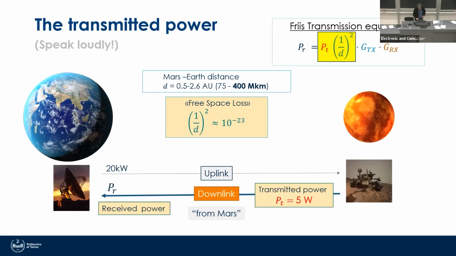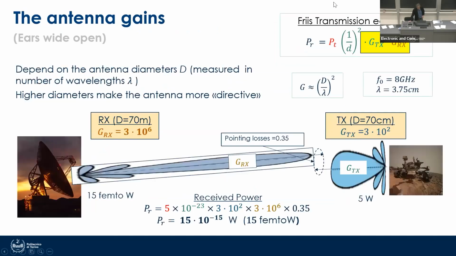Now what we can do, instead of just speaking loudly, is to increase the antenna gain. That means basically to open the ears. And so basically we can act on these 2 factors that are related to the diameter of the antenna, the transmitter, and the diameter of the antenna, the receiver.